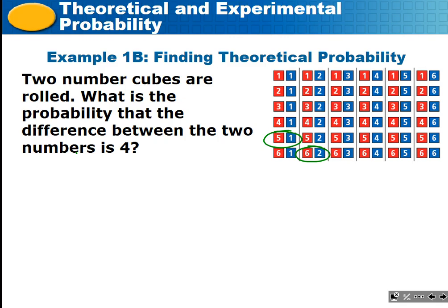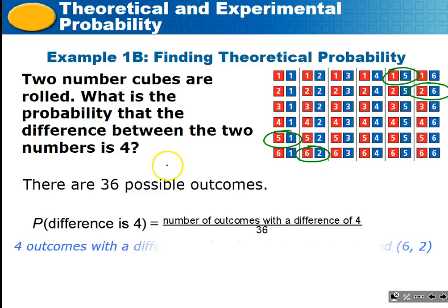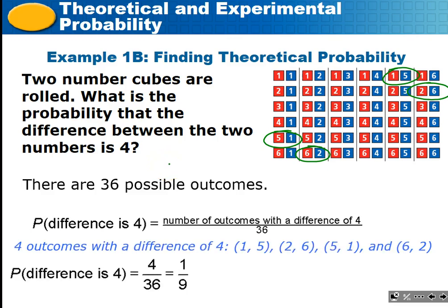Remember that difference means subtraction. In column 6, we have 1 and 5 again, and in column 7, we have 2 and 6. So that's 4, and so that's going to be 4 over 36 possible outcomes. 4 over 36 can be reduced to 1/9.